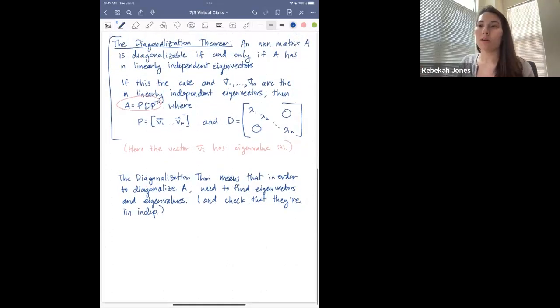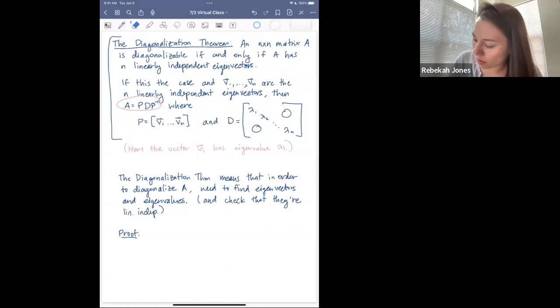Okay, so let's quickly talk about why this is the case, so why the diagonalization theorem works. Let's assume first that the matrix A has n linearly independent eigenvectors.